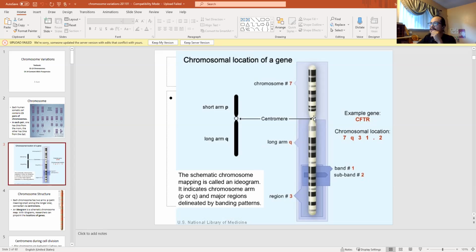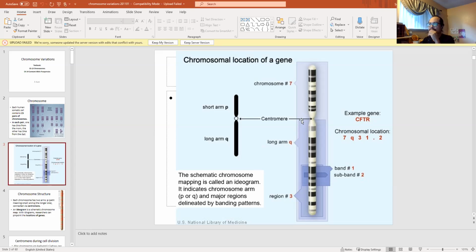So the centromere, basically this region doesn't really provide a lot of protein encoding. However, this region is an important juncture between the two arms, the short arm and the long arm.